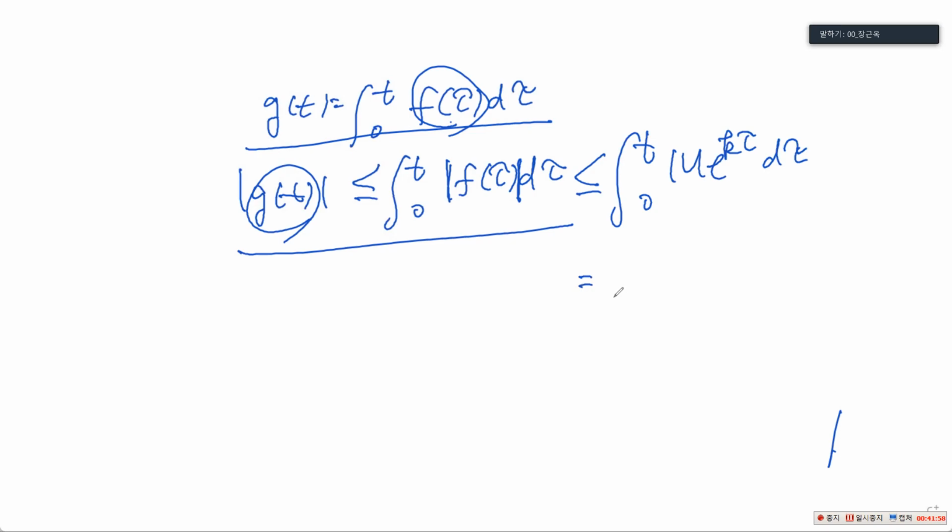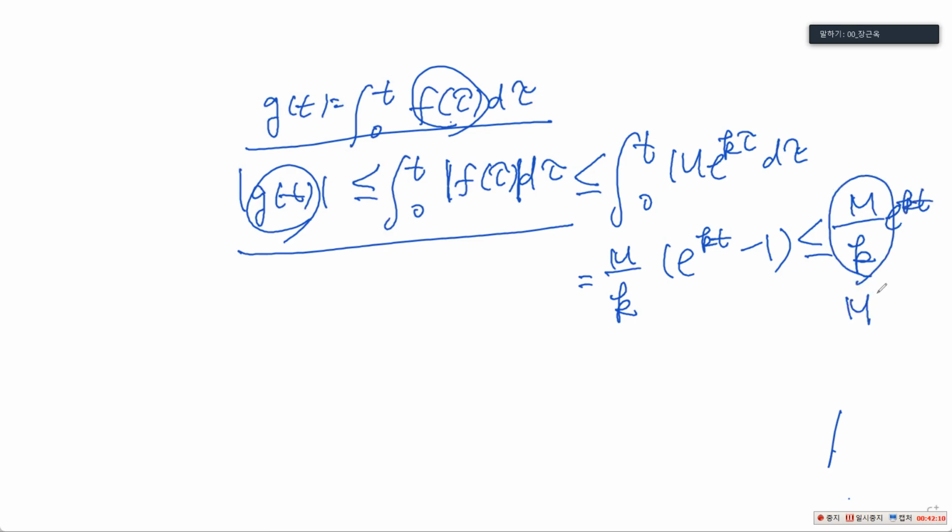It gives M divided by k times e to the kt minus 1, so it is smaller than another constant. So now we can say that the integration always exists when f(t) satisfies the M-K condition. If f(t) satisfies the M-K condition, we can see that the Laplace transform of the integral always exists.